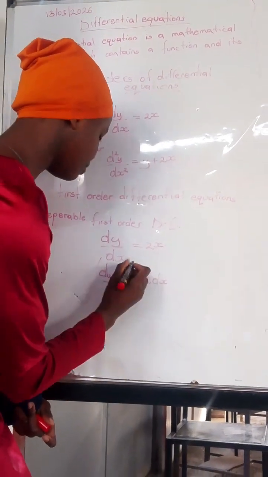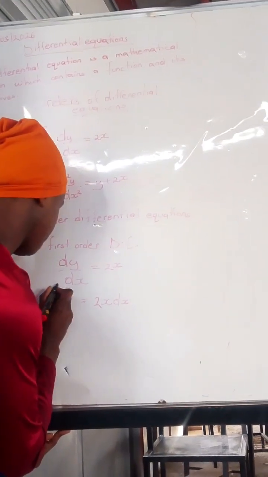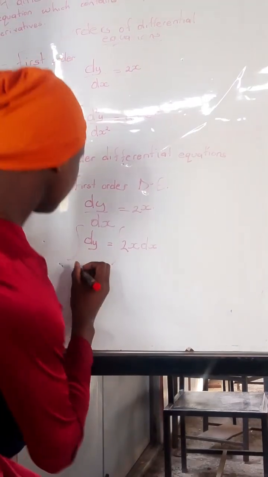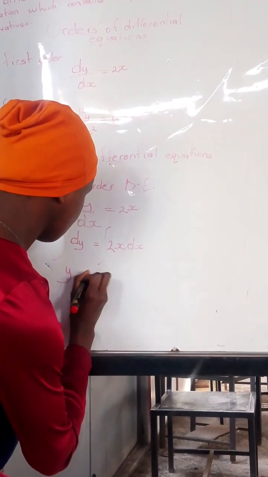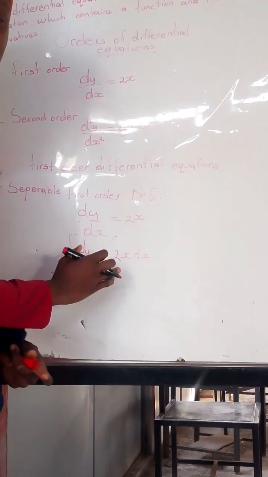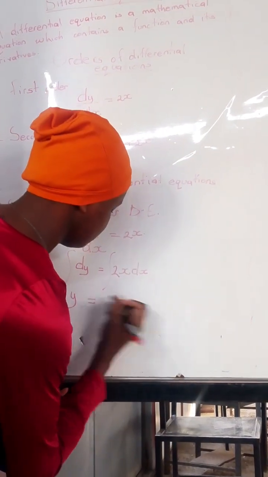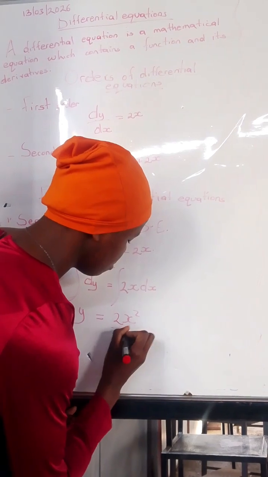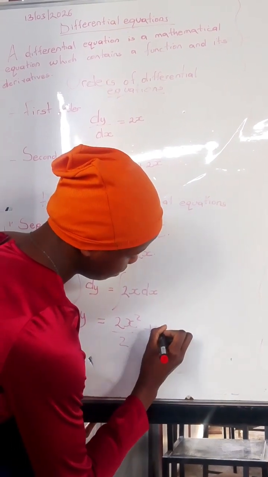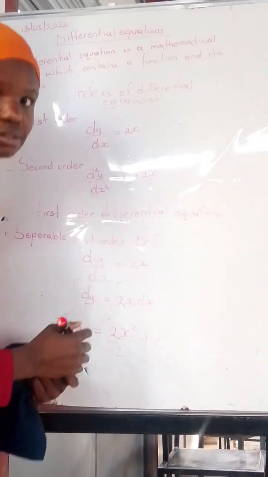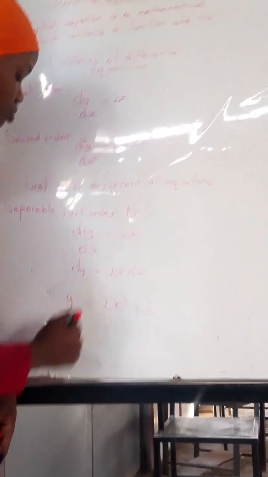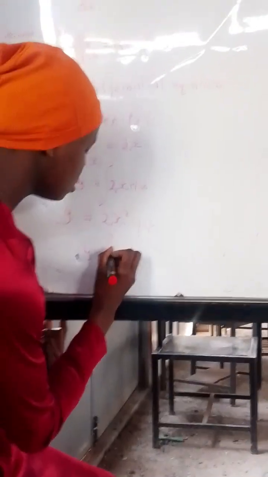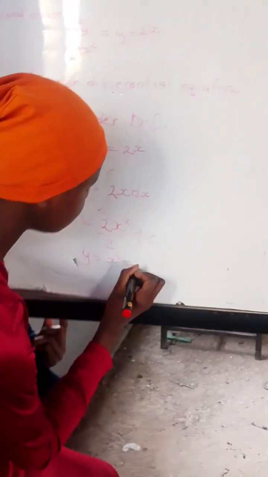After we integrate, if we integrate dy, we get y. If we integrate 2x, we get 2x squared over 2 plus the integration constant. But the 2 can cancel off, and we shall remain with y equaling x squared plus c.